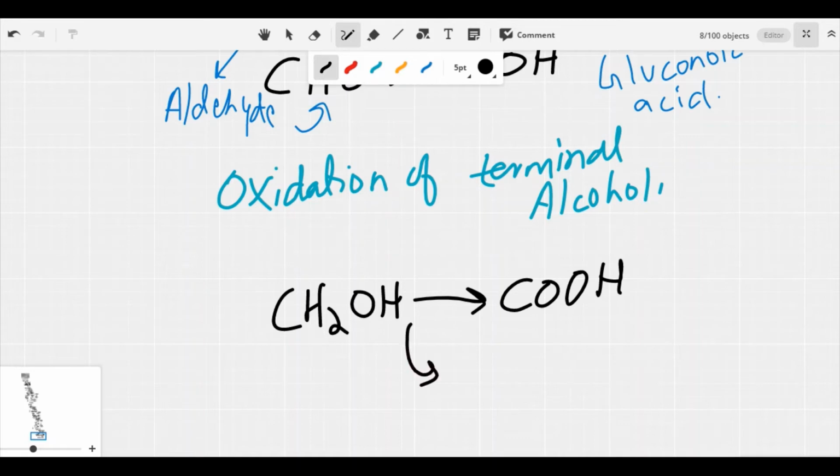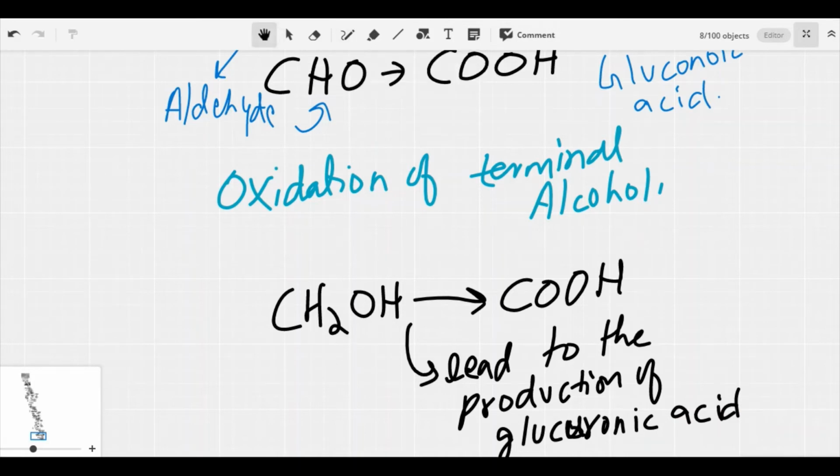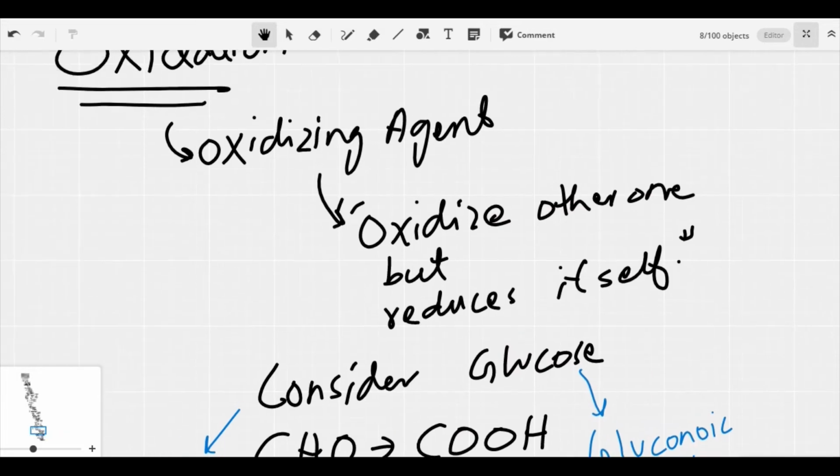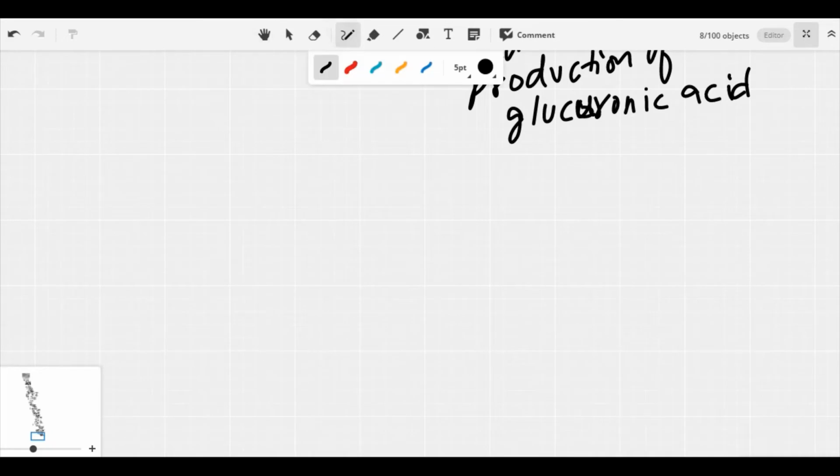So that will lead to the production of glucuronic acid. Okay, so that is the oxidation property. Now the fourth one, we already discussed reducing properties.